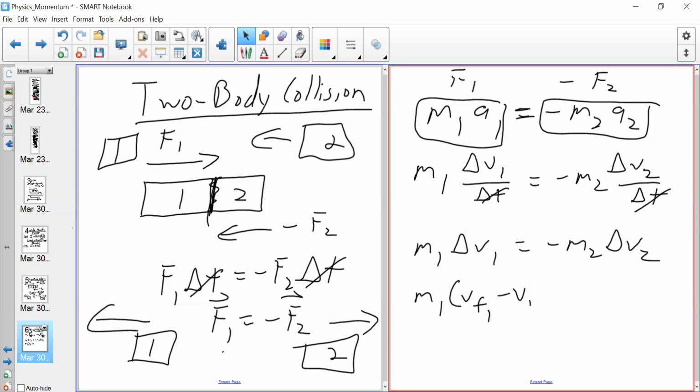VF1 minus V1 initial, and that's going to be negative M2 times VF2 minus VI... sorry, not final initial, VF2 minus V2 initial, and multiply. All right, so there we have that, right? And so that's where our setup is.